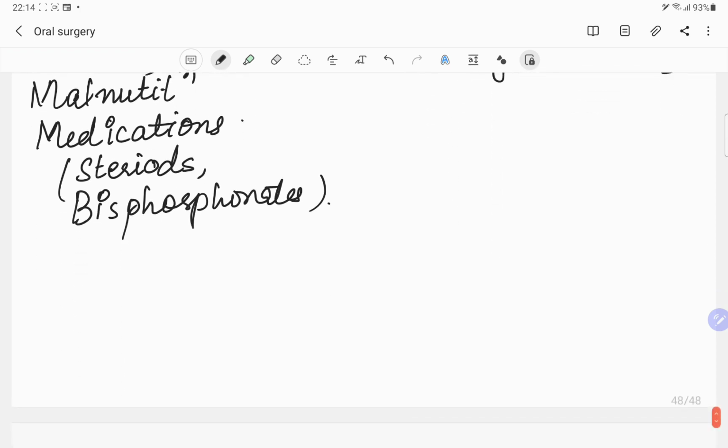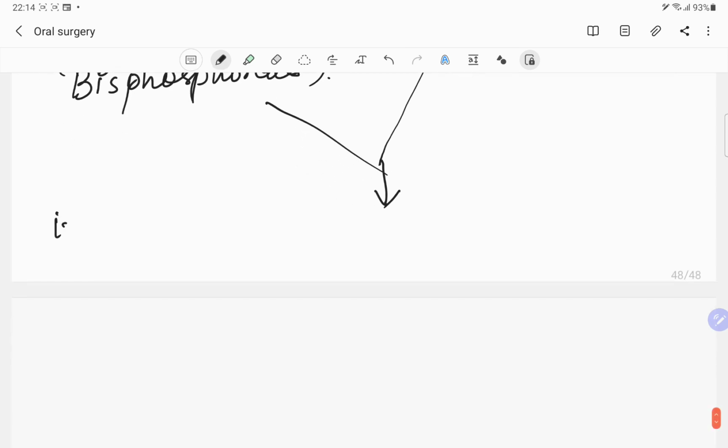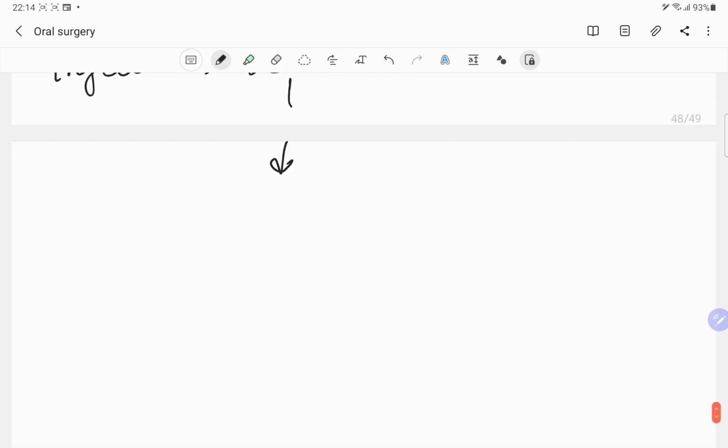So what happens if the immunity is not working properly? The leukocytes cannot fight and kill the bacteria, so the infection from the teeth reaches these lacunae which we talked about.